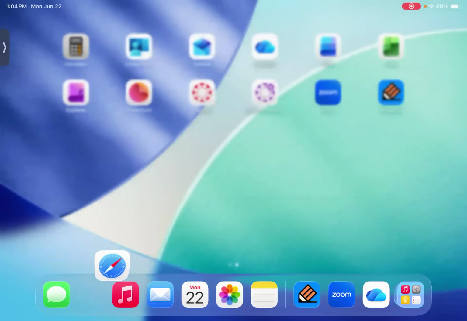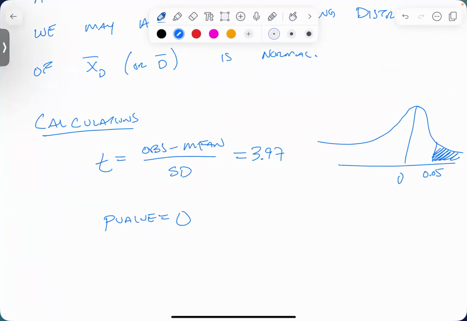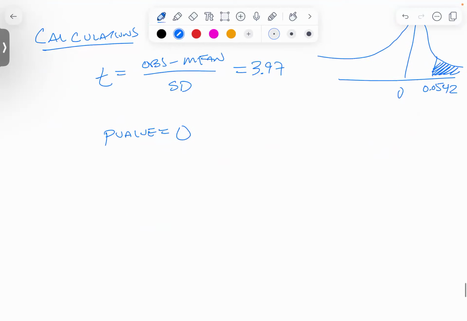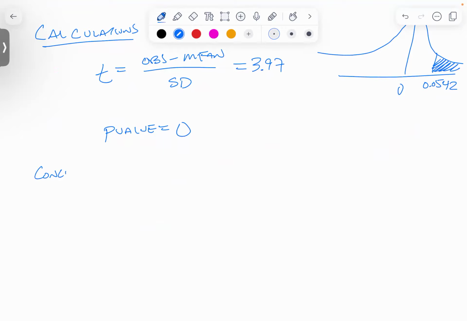Not to be confused with the significance level of 5%. So the p-value is small, reject H0 at a 5% significance level.